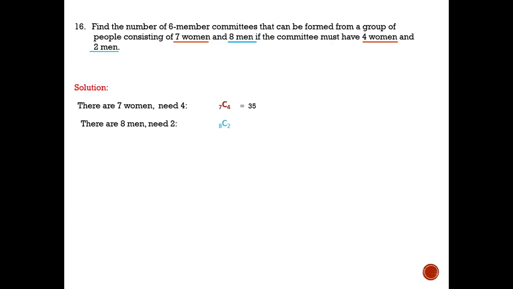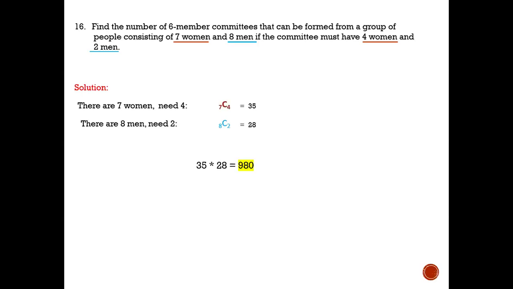These we can plug into our calculator. The combination of 7 choose 4 is 35. The combination of 8 choose 2 is 28. So 35 times 28 is 980. So the product of these two is going to give us our answer for this problem.